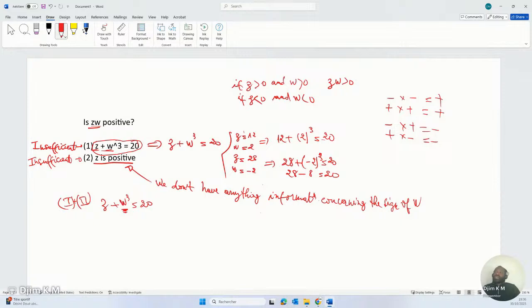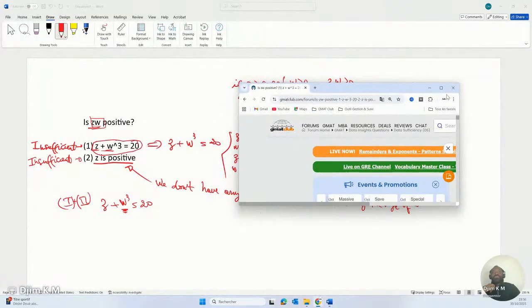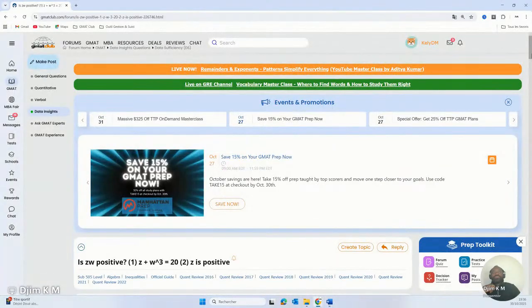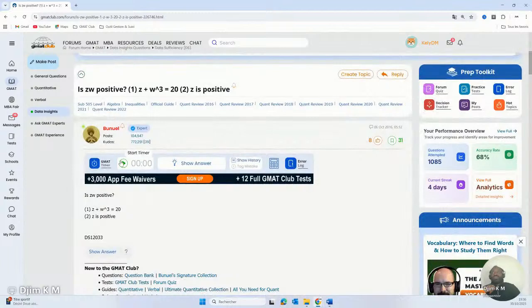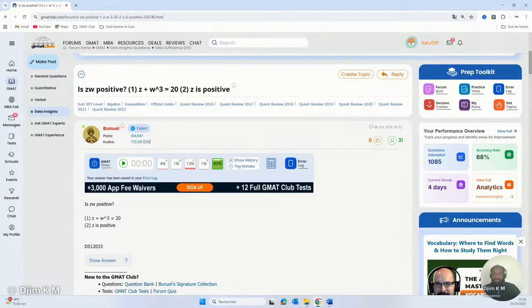Is w less than 0? Is it greater than 0? If we don't know that for sure, we can't determine that the product between z and w is actually positive or not. So the answer is answer E.